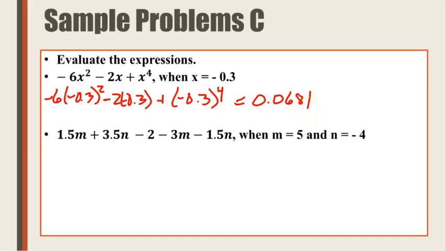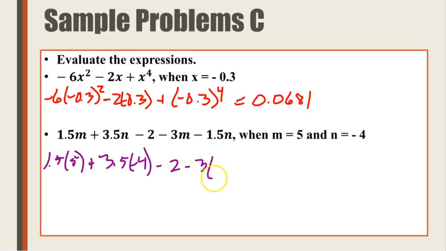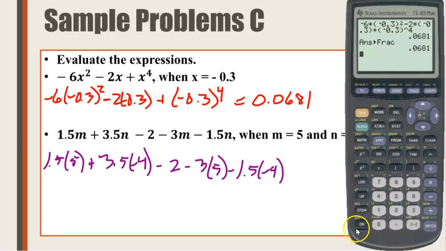And our last one here, we have 1.5. And we're going to multiply that by 5, plus 3.5 times negative 4, minus 2 minus 3 times 5, minus 1.5 times negative 4. And we'll put this on our calculator as well.